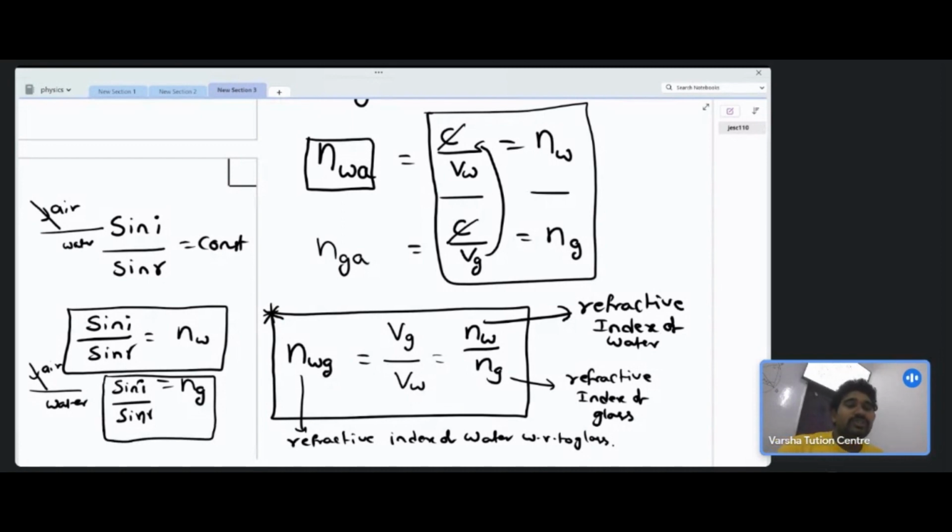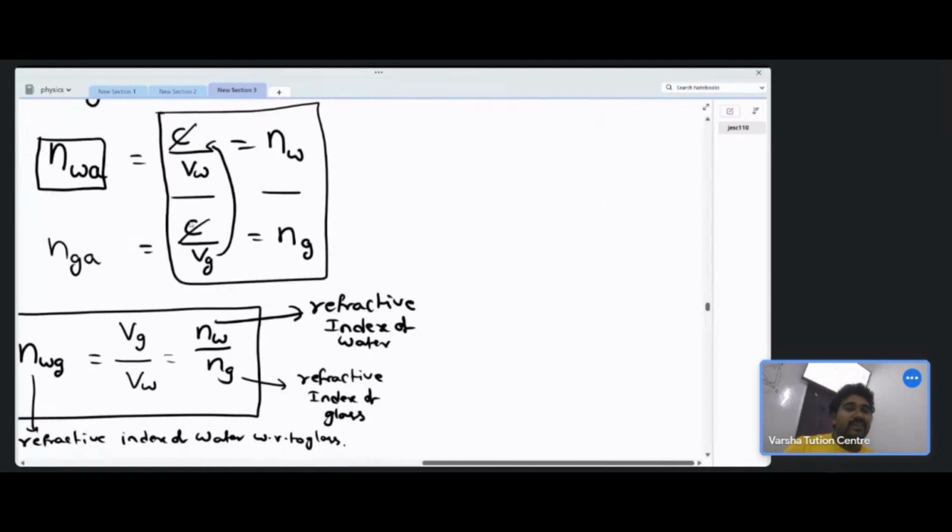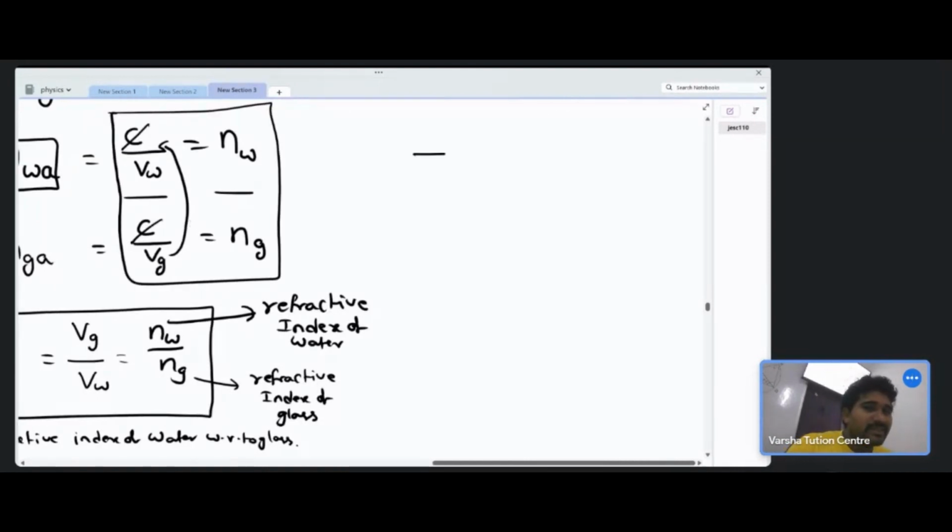One strong point you remember: whenever the incident ray, actually in the glass lab itself we can talk. This is air and this is glass. Optically, this is a rarer medium, and this is a denser medium. When the incident ray is coming like this, we have to drop the normal first. If there is no glass, it is supposed to go this way.